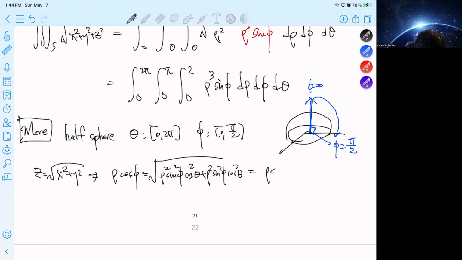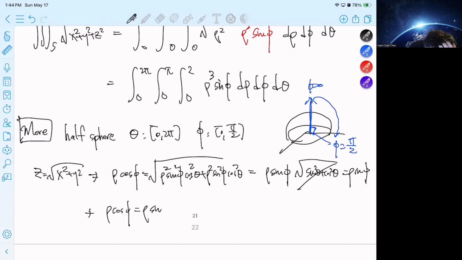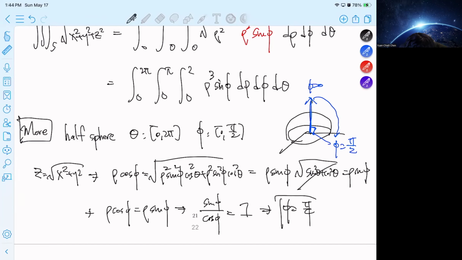We can take out rho sine phi, and this will be sine squared theta plus cosine squared theta, which equals 1. So this is just rho sine phi. In this case, rho cosine phi equals rho sine phi, so rho doesn't matter here. It's just sine phi over cosine phi equals 1. So we can write phi equals pi over 4.